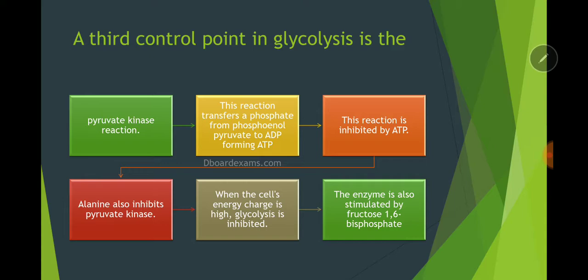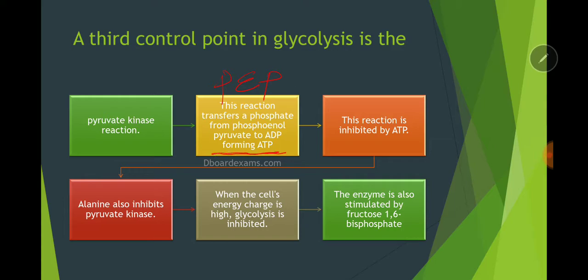The pyruvate kinase reaction transfers the phosphate from phosphoenolpyruvate (PEP) to ADP, forming ATP.